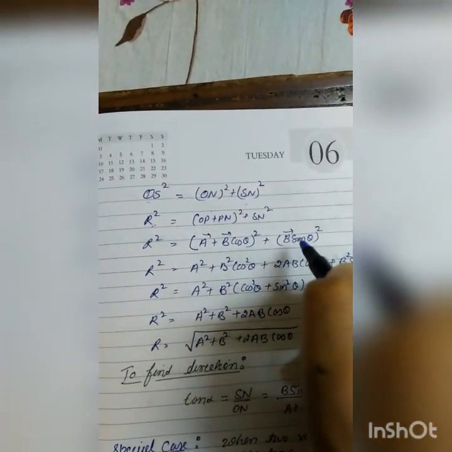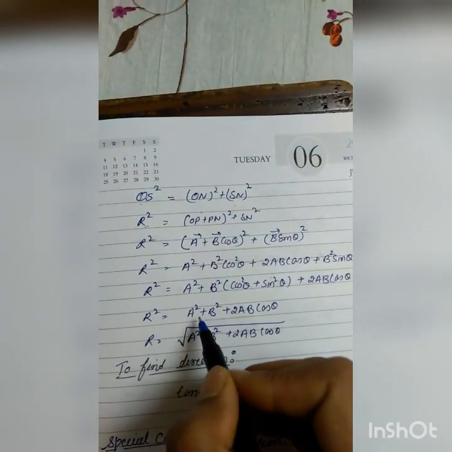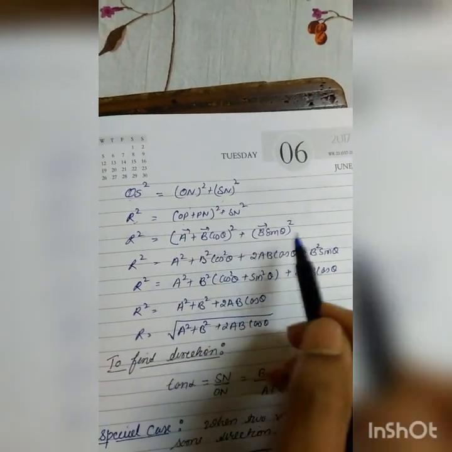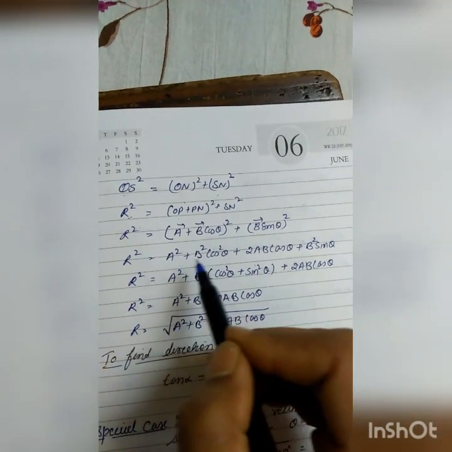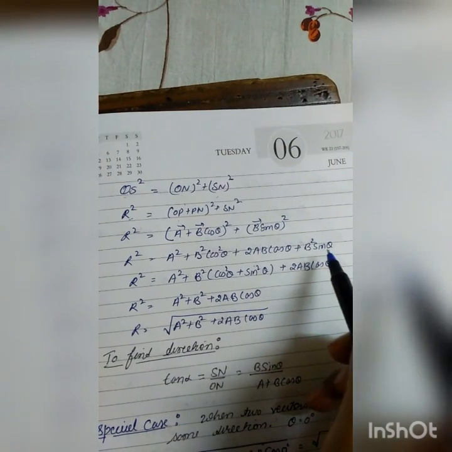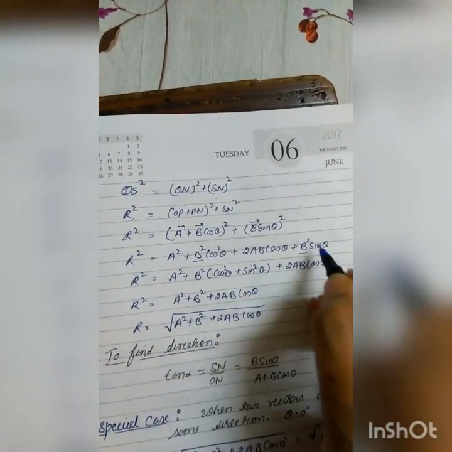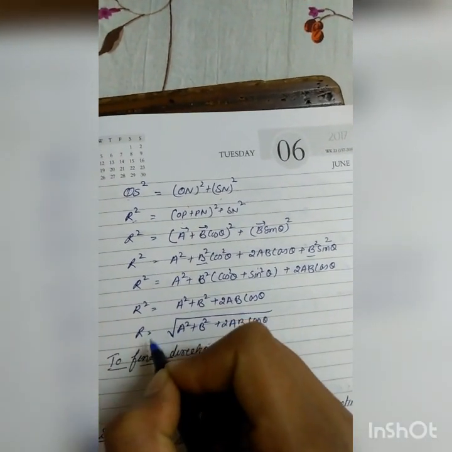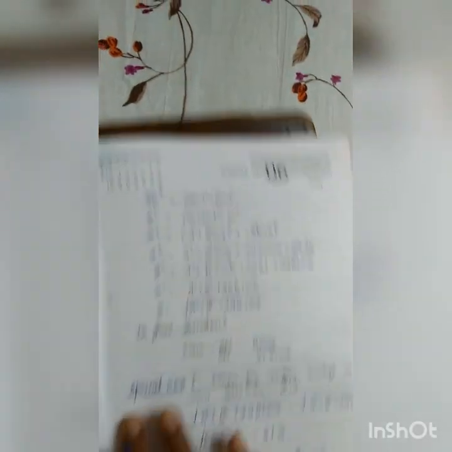Putting their values, on simplification we get R square is equal to A square plus B square plus 2AB cos theta. Opening this formula becomes A square plus B square cos square theta plus 2AB cos theta plus B square sin square theta. Taking B square common, it becomes cos square theta plus sin square theta. Now we get the resultant R equal to the square root of A square plus B square plus 2AB cos theta.